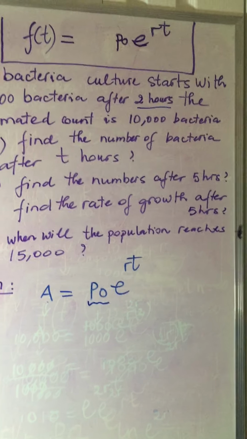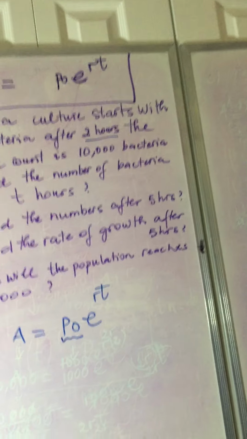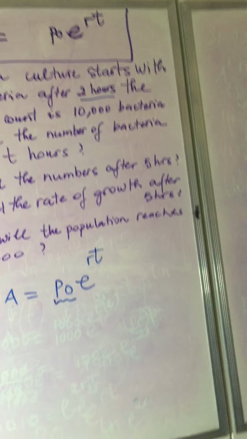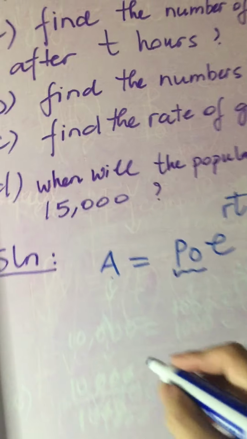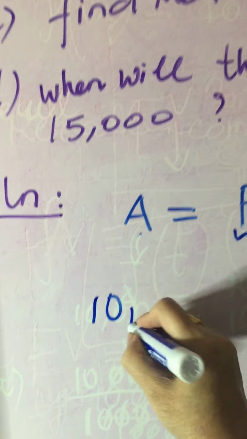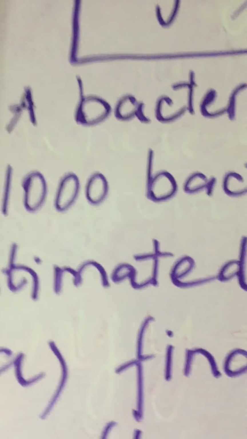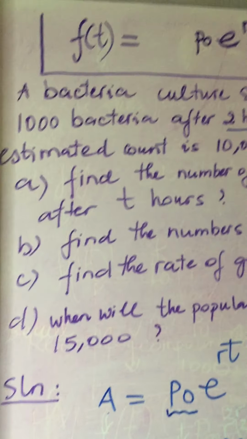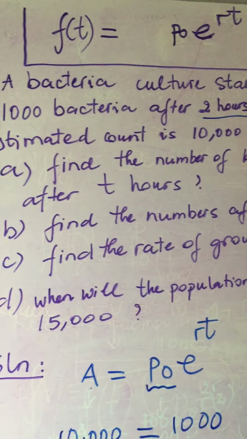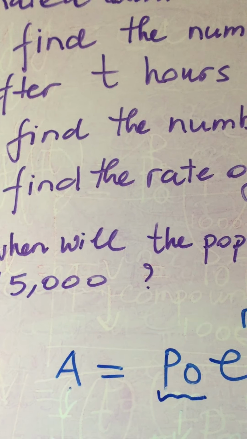So yes, we know A. A equals 10,000. A is the amount of bacteria after 2 hours. P0 is 1,000 at the beginning, right? t we know, which is 2 hours. The only thing unknown is r.